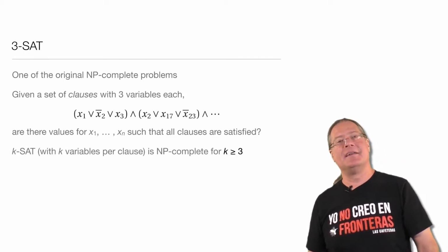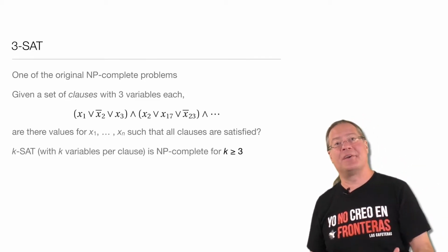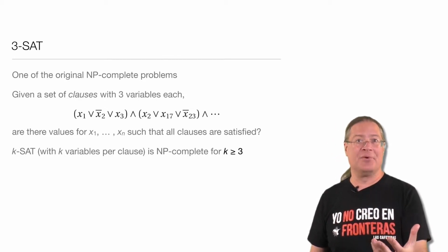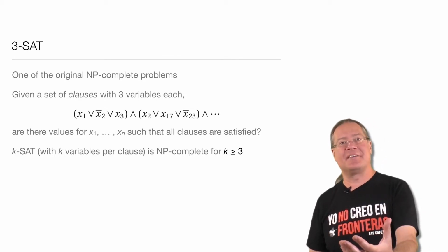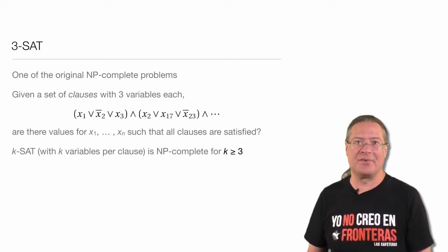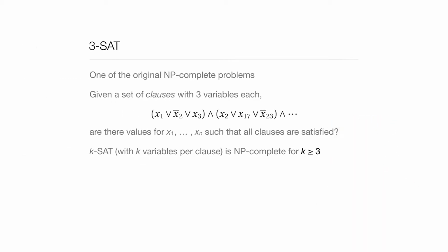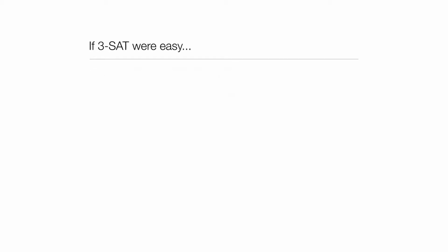Okay. Now, we call this 3-SAT because there's 3 variables per clause. K-SAT is k variables per clause. And in fact, K-SAT is NP-complete whenever k is bigger than 3. At the risk of beating a dead horse, let me remind you what's going on here.